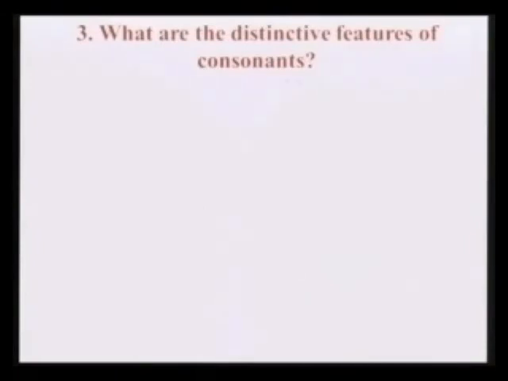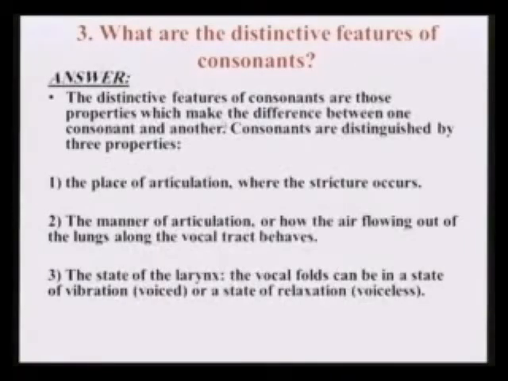Question number 3. What are the distinctive features of consonants? Distinctive features are those properties which make the difference between one consonant and another. هي distinctive features في أي حاجة make the difference between one thing and another. This is what we call distinctive features. Consonants are distinguished by 3 properties. First, the place of articulation where the stricture occurs. Stricture اللي هي the place where the air is constricted, where the air is interrupted.